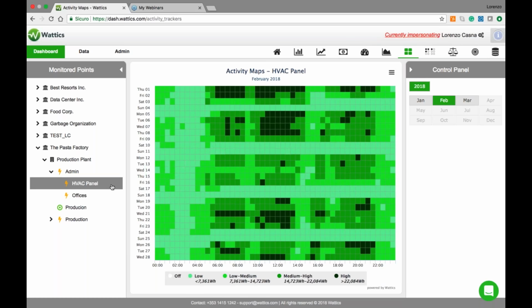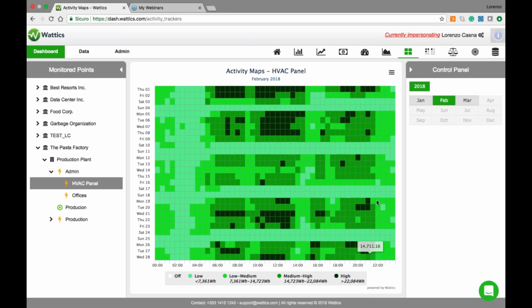So here is the HVAC. We know that people start to work at 6 a.m., so more or less this is a pattern that we are expecting. The consumption is high during the weekdays, starting a little before the time that people get in the office, so that it's cold enough for people to work, or in this case, the atmosphere is warmer, and so people find a comfortable environment when getting in the office.